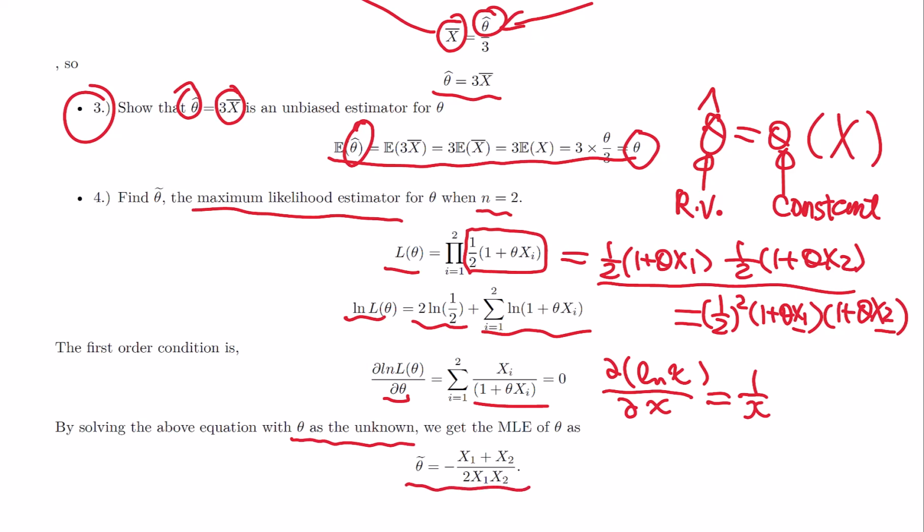So that's the MLE for theta. Please make sure you get this kind of calculus, because I would say this is the minimum amount of calculus we have to deal with for this kind of MLE case.